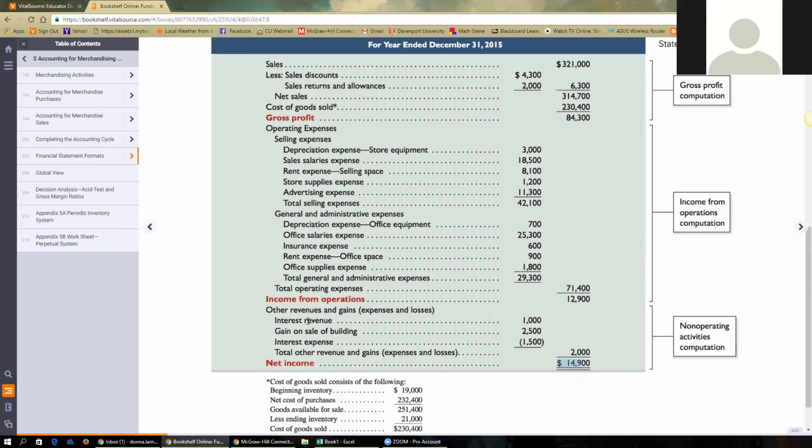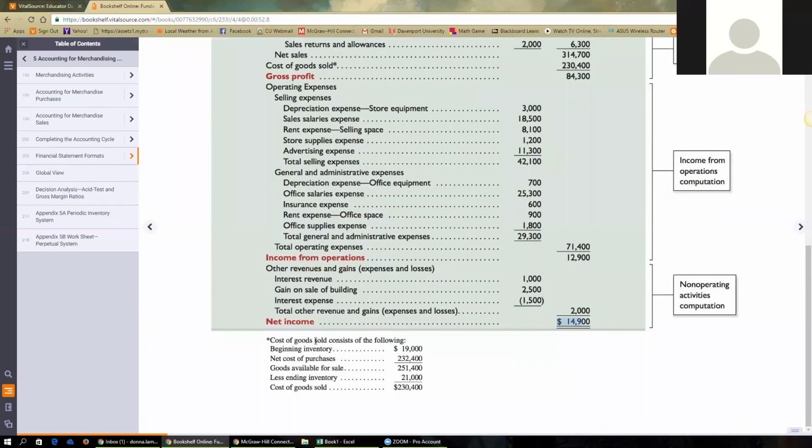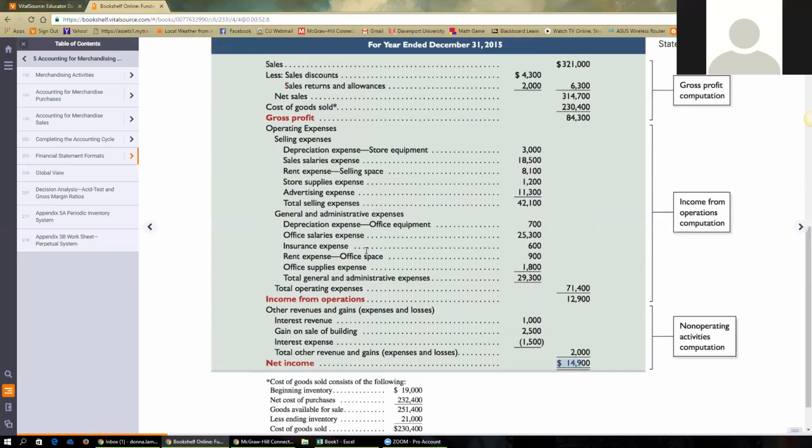Occasionally you'll get one that has some of this miscellaneous stuff that you got to add or subtract. But I don't think that's going to be much of a problem. I think you just worry about the stuff up here and follow the format of it. And that's pretty much it for Chapter 5.